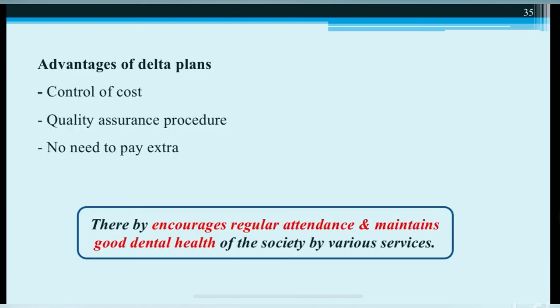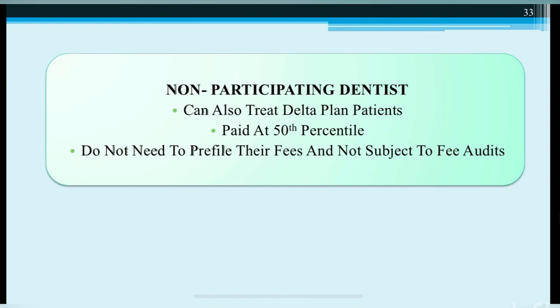Coming to the advantages of Delta plans, this includes control of cost, quality assurance procedure, and there's no need to pay extra. Thereby, it basically encourages regular attendance and maintains good dental health of the society by various services. This I have already told.